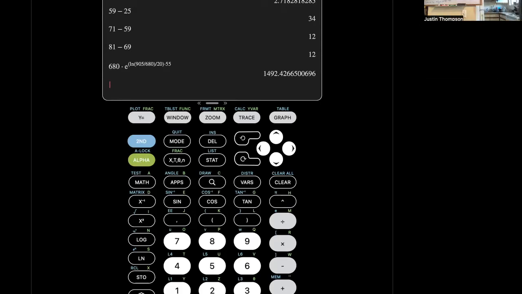And so that doesn't mean 1,492 people. What does that mean in our context? Because 680 occurred at time 0, but we said it wasn't 680 people in Dallas. It was 680,000 people.